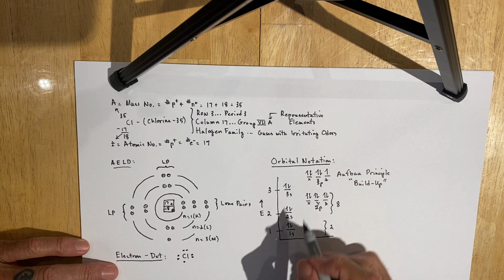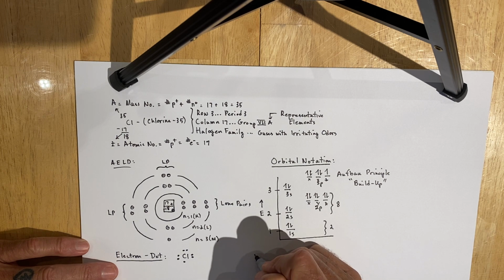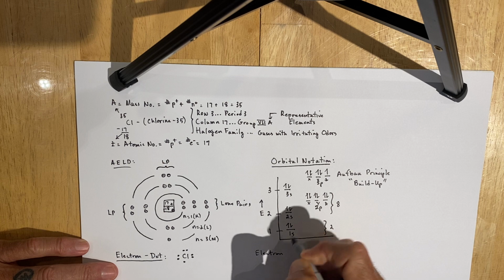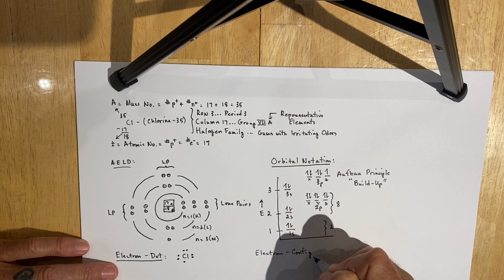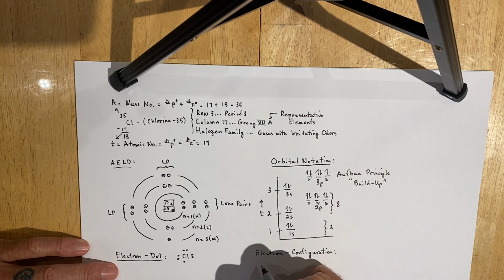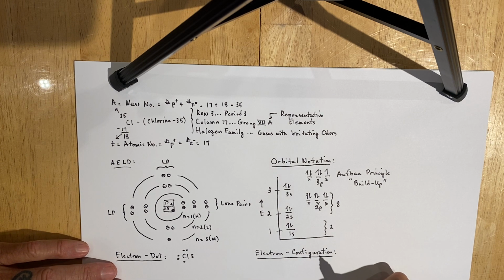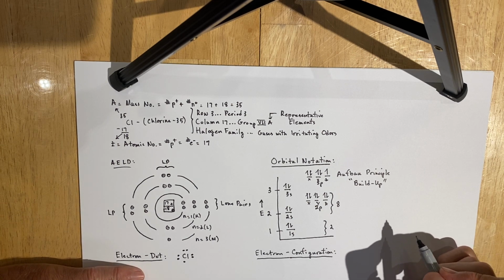To write the address for these valence electrons, we would simply write it as the electron configuration. And the electron configuration is a shorthand notation for writing the address of an electron in an atom, a valence electron in an atom.